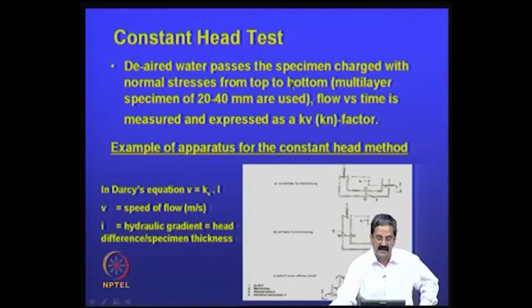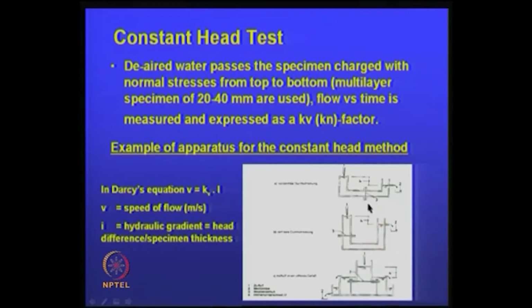There are some tests here, unlike what we studied. You can see that this is a geotextile material. It is not similar to the type we know in soils. Water passes through the specimen, so it comes like this, and then you measure this.